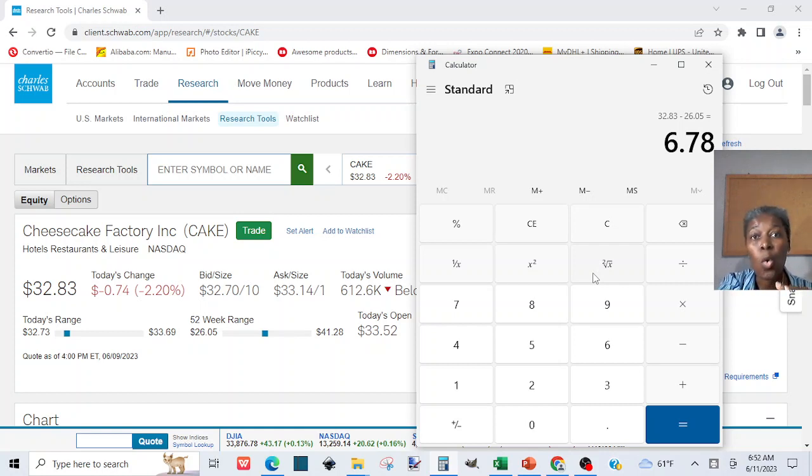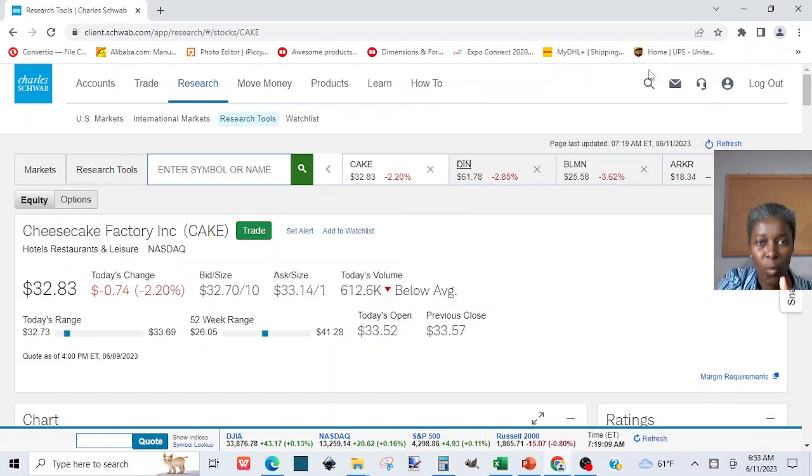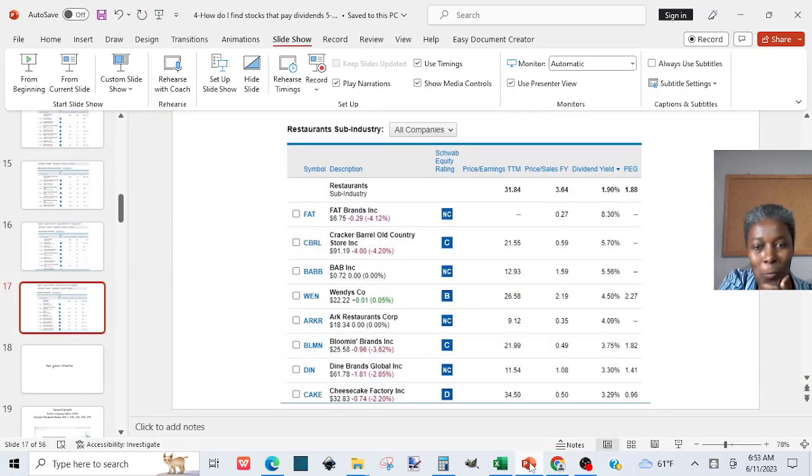But if you have multiple companies that made the cut and you are trying to figure out which one to invest in, and the differentiating factor is the price compared to the 52 weeks low, you might find that others are closer to the 52 weeks low than this one. So you might have to go with another one, or just buy one share of all of them that made the cut, to have them in the portfolio so that you can go from there. It's one way too. So I think we searched all of them in this batch.